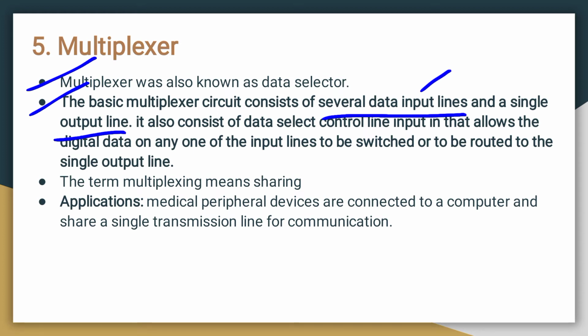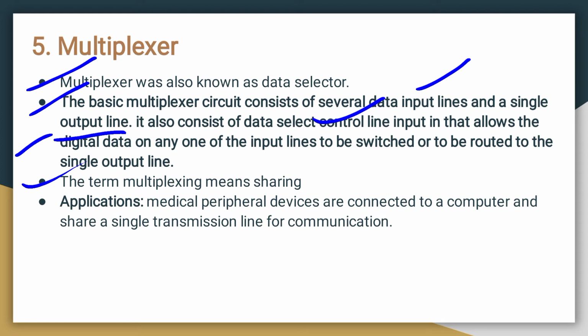It also has data select control line inputs that allow the digital data on any one of the input lines to be switched or routed to the single output line. That means there is a control line that selects the data input line. Clear? So that is about that point.